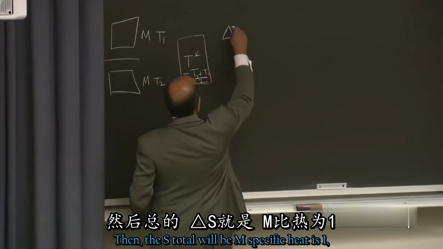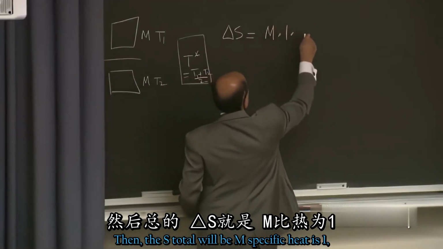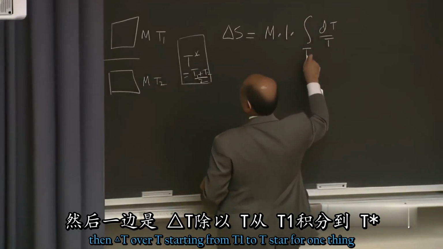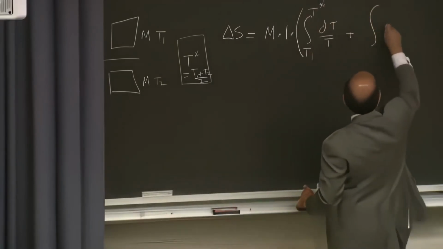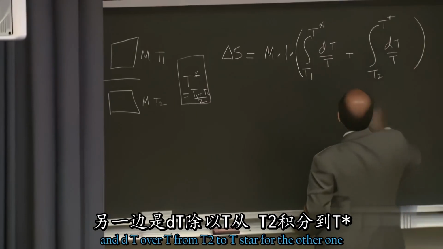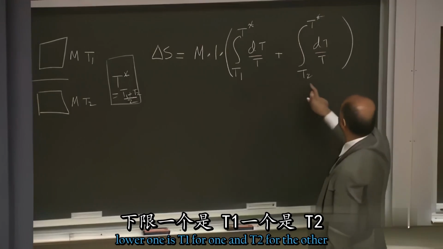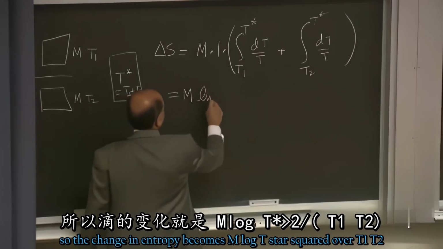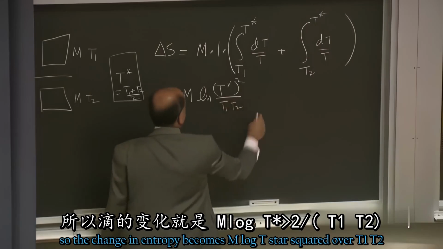Then the delta S total will be m, specific heat is 1, then dT over T, starting from T1 to T star for one thing, and dT over T from T2 to T star for the other one. You understand that? They both meet at T star. Upper limit is T star, lower one is T1 for one and T2 for the other. So the change in entropy becomes m log of T star squared over T1 T2.